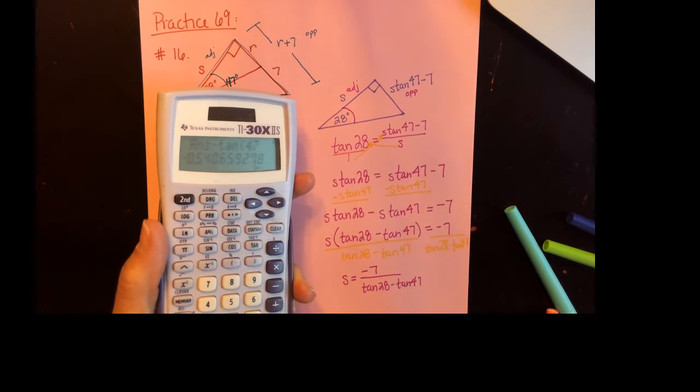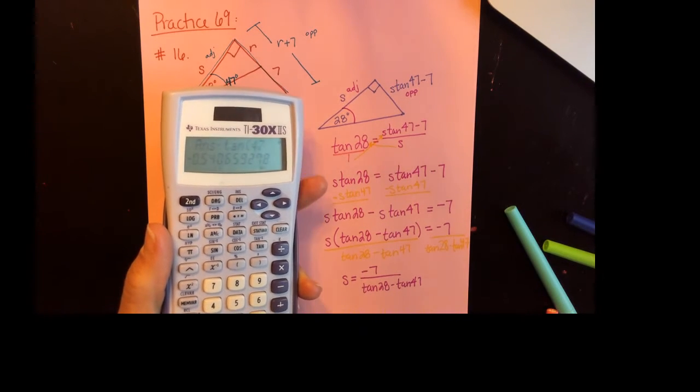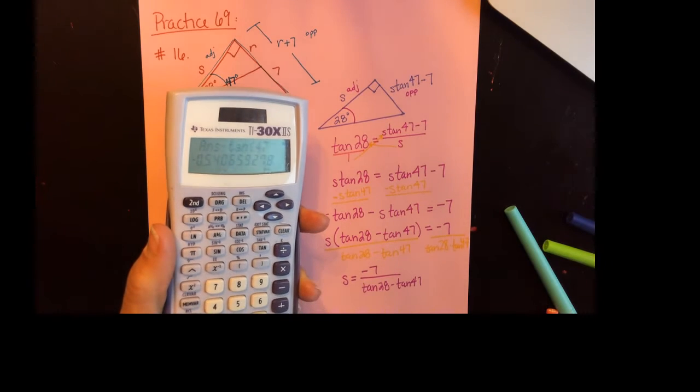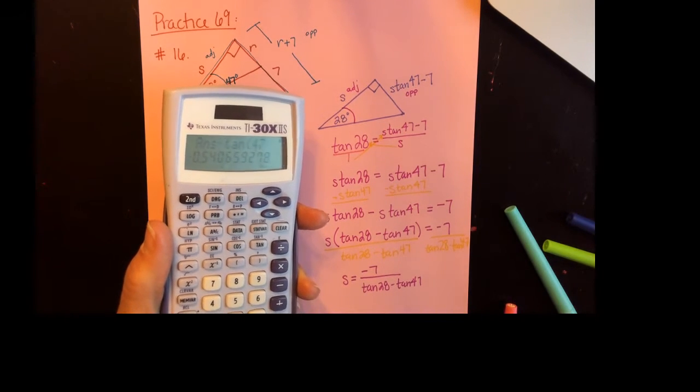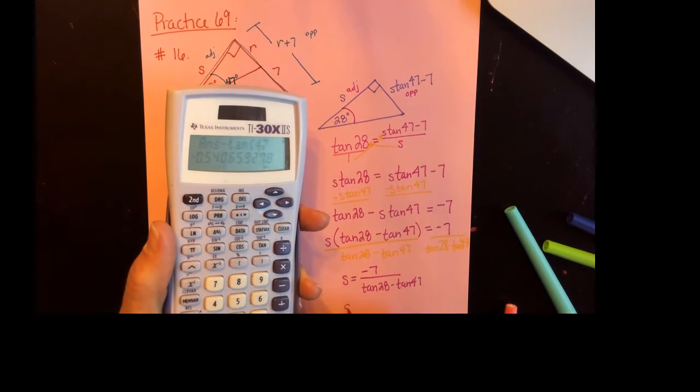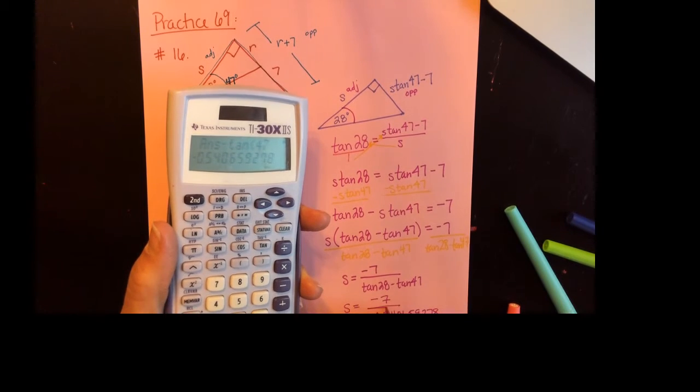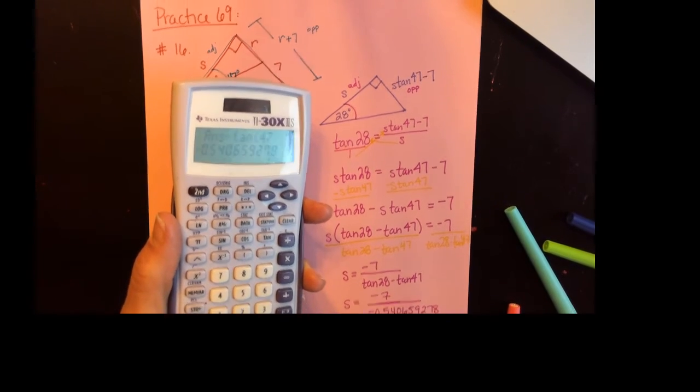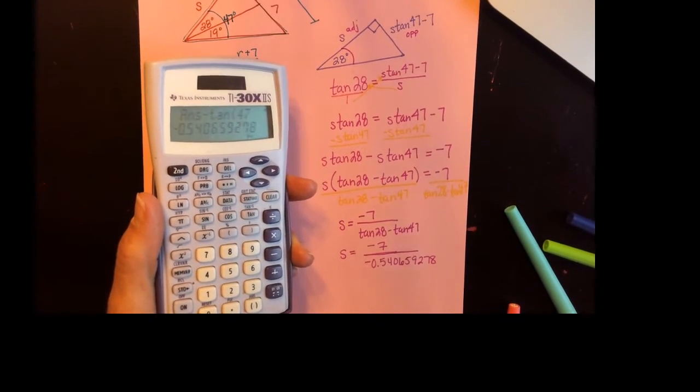Notice I keep putting equal so that I have that accounted for. And I have that negative. So just to keep track here, s is equal to -7 over -0.540659278.